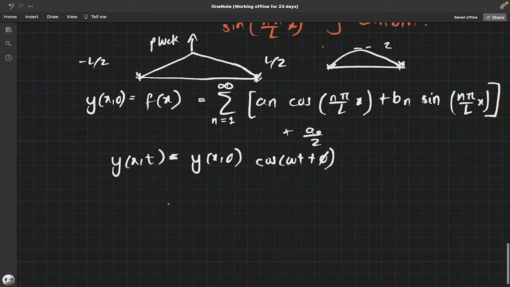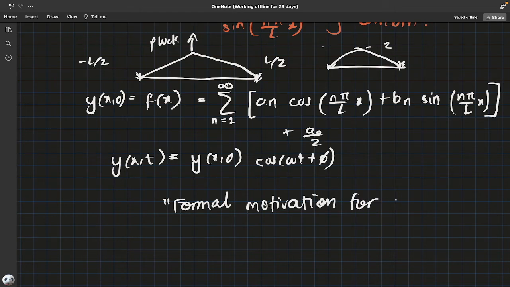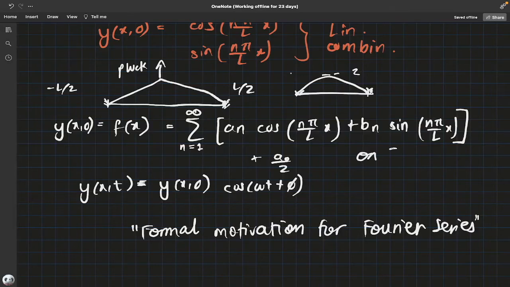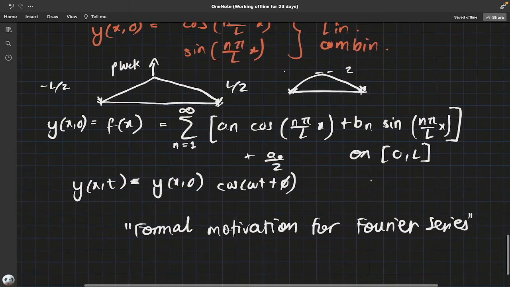And this is your formal motivation, or not so formal motivation, given how sloppy the derivation was initially, for Fourier series. So this is a Fourier series expansion of f of x on this interval L, 0 to L or minus L over 2 to L over 2.